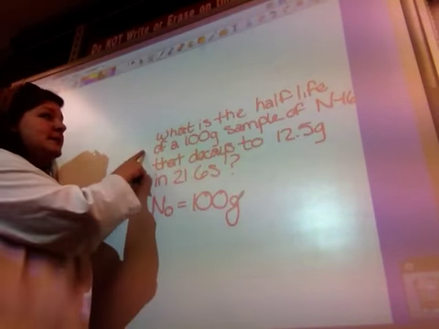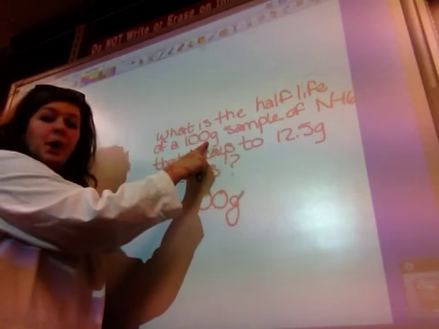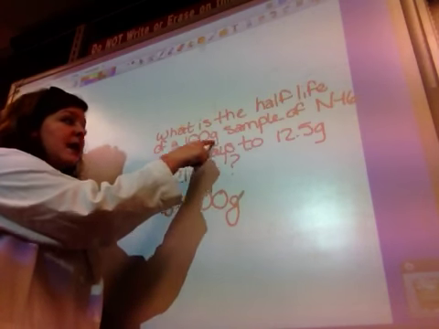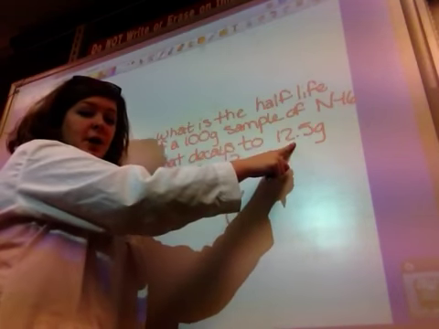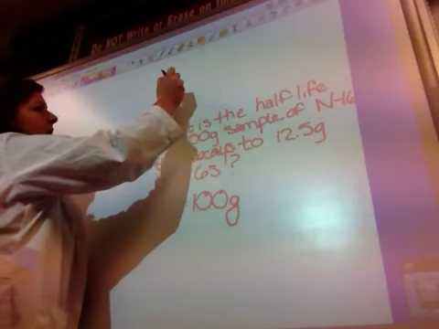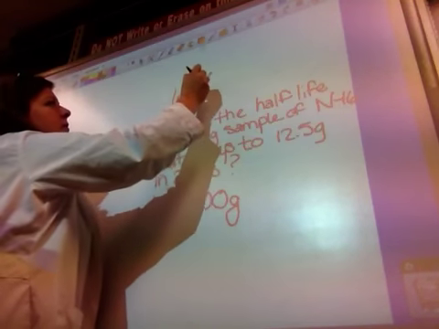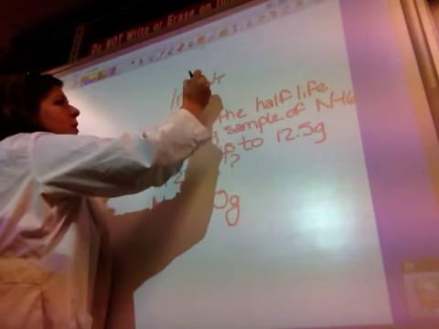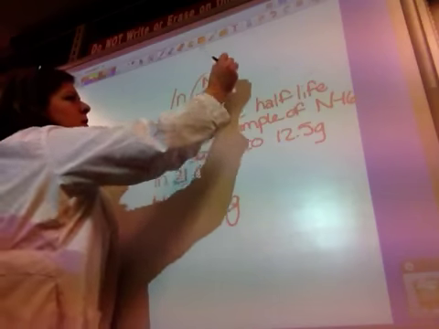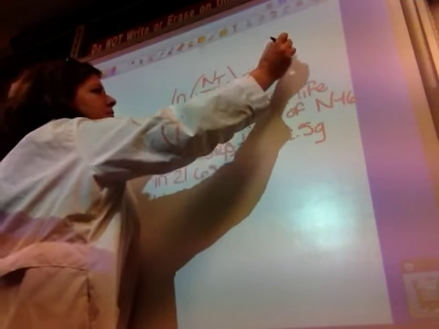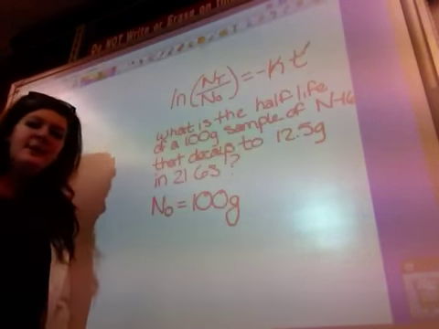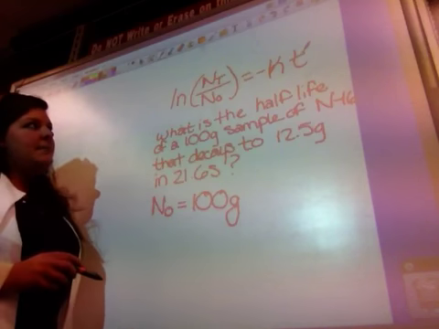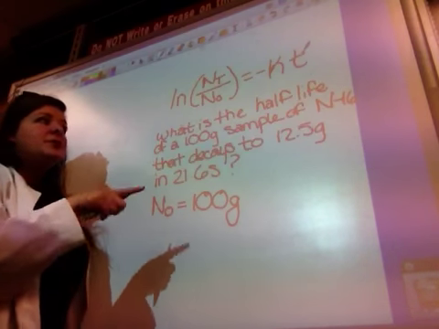I know that because it says I'm starting off with a 100-gram sample, and it's going to decay to 12.5 grams. And let's write our formula up here as well, so that way we can remember what it is. Okay, so here's my formula, and ultimately, that's one of the formulas, but there's another one.